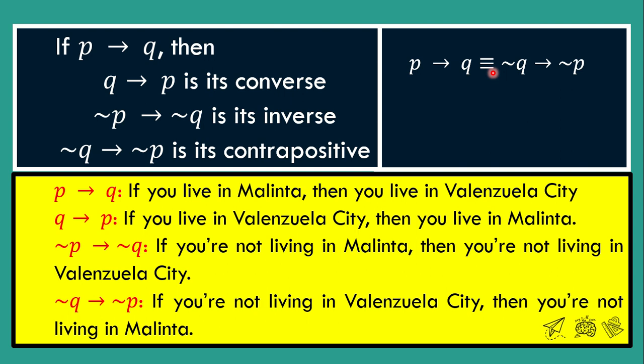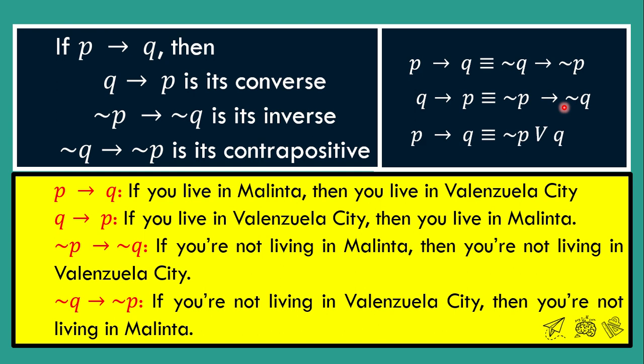If your conditional proposition is false, then the contrapositive of that statement is also false. Same with the converse and inverse. If the converse is true, then the inverse of that statement is true. If the converse is false, then the inverse is also false. That is, they are logically equivalent. So take note of that.